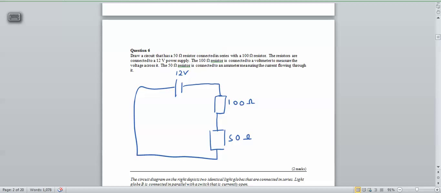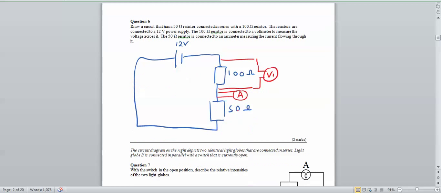The 100 ohm resistor is connected to a voltmeter to measure the voltage across it. So we'll call that V1. The 50 ohm resistor is connected to an ammeter measuring the current flowing through it. So I guess you could have an ammeter there. Alright, so that's fairly straightforward.